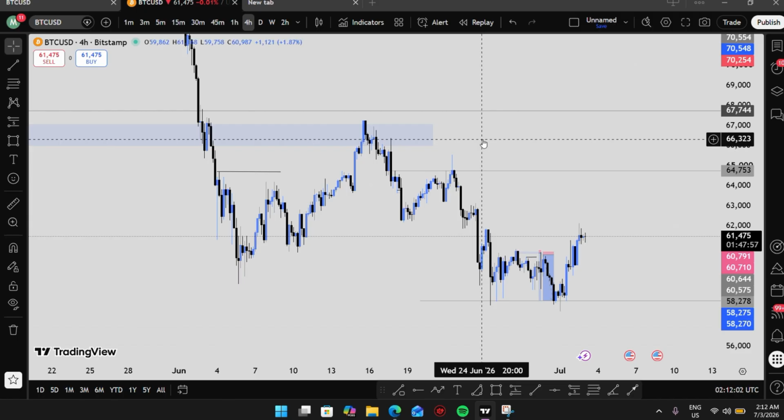As you all know, the market has been on a massive downtrend for weeks now. All we were looking for was a point of interest to continue selling the market.